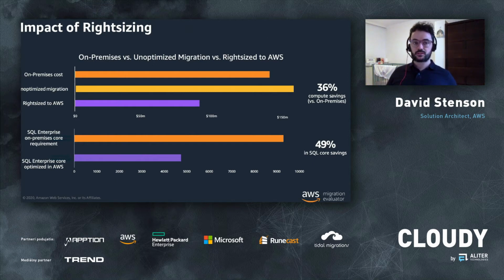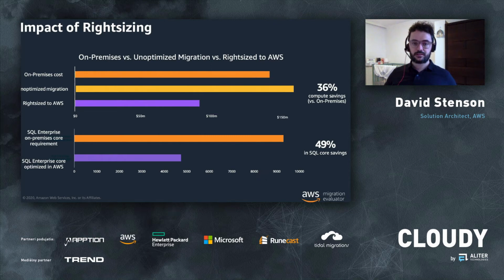So what does a right-size migration mean? It means taking into account the on-premise CPU, memory, storage, operating system that's deployed onto the machine, any Microsoft SQL that's running, taking all of that data into account and trying to highlight where there's over provisioning, maybe underutilization, that is occurring before the move to AWS.